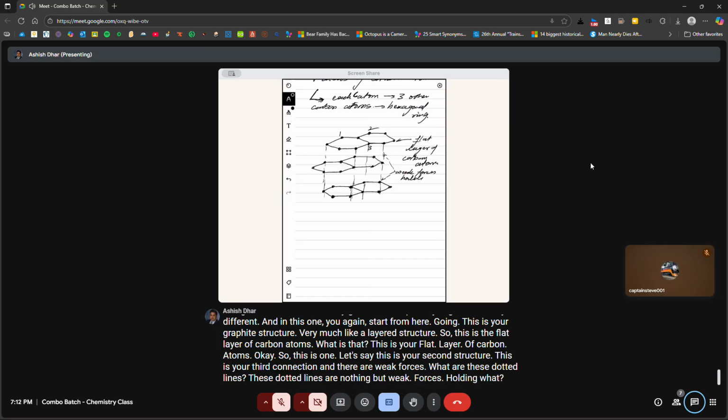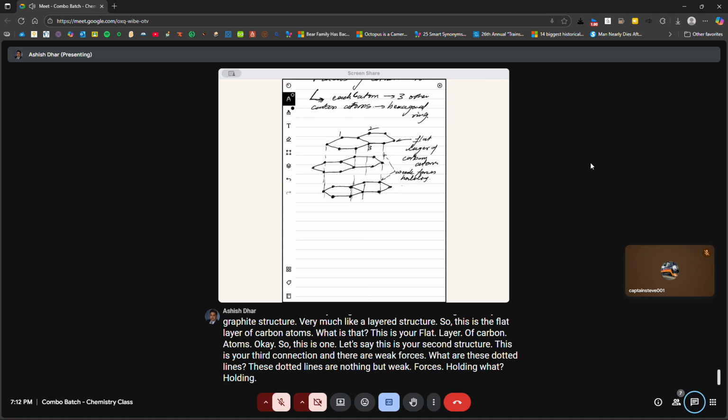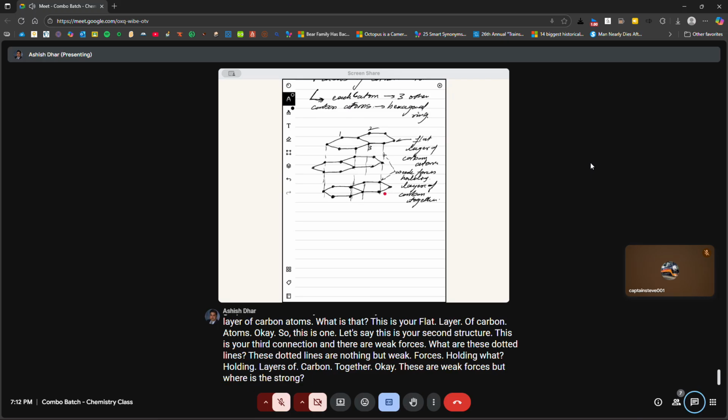holding what? Holding layers of carbon together. Okay. These are weak forces, but where is the strong force? The strong force is here.